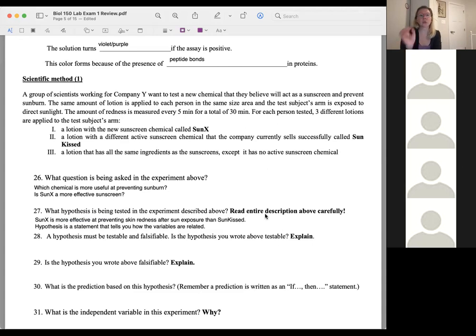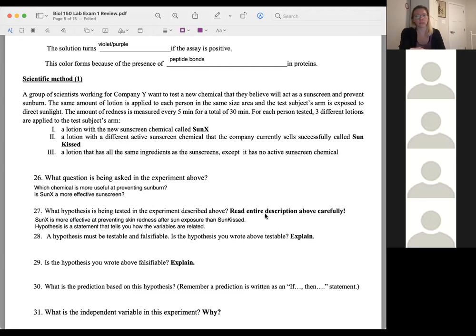Okay, so you want it to be specific enough that the reader understands exactly what you are testing, what these different variables are, and what the relationship is. So you think that this lotion is going to be better at producing a given outcome than this other lotion.